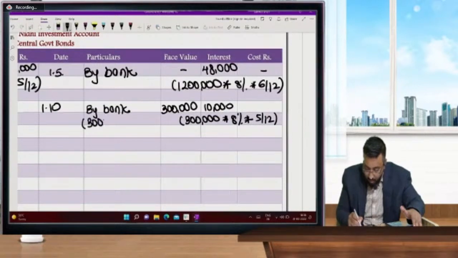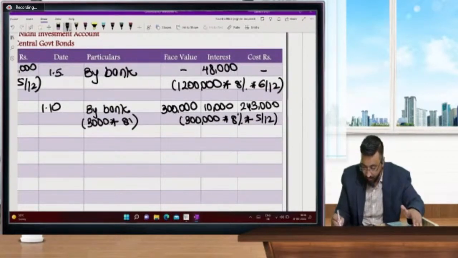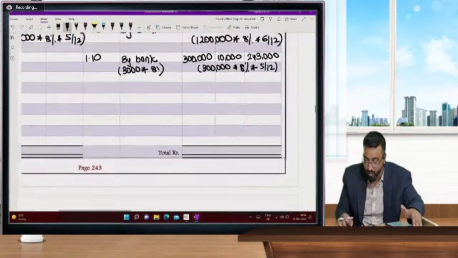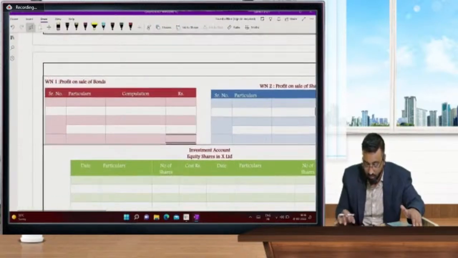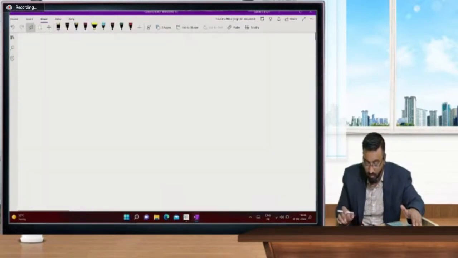So 3,000 into at what price? 81. 2,43,000. And whenever you are selling in debentures, you have to prepare working note. What is the working note?